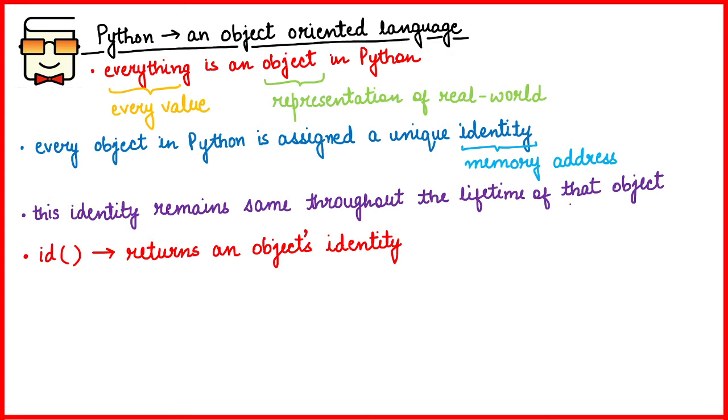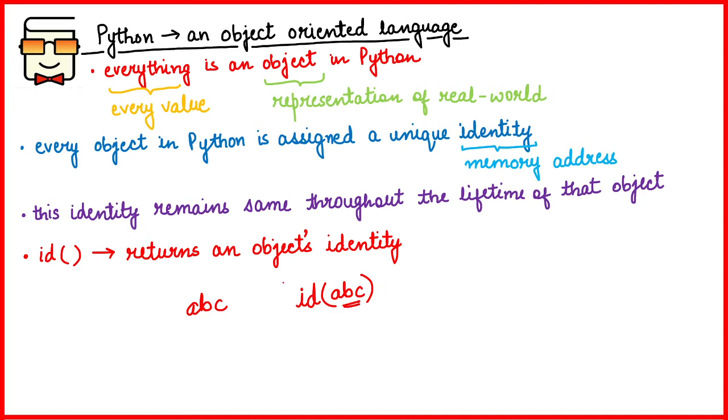And how can you get that particular object's identity? If you have an object, say ABC, and you want to get the identity or the memory address where the object is stored, you can call the function called id and place the name of the object within the round brackets.